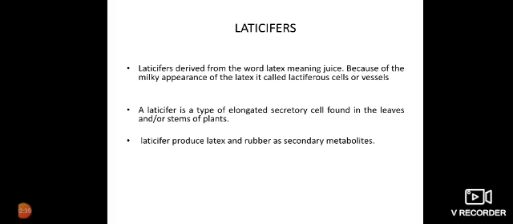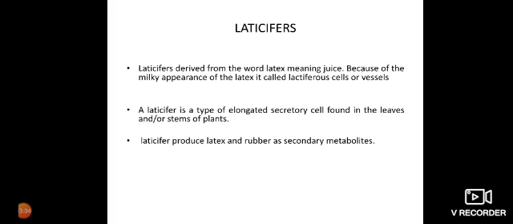The laticifer is a type of elongated secretory cell found in the leaves or stem parts. The laticifer produces latex and rubber as secondary metabolites. It can be defined as a specialized cell or row of such cells that secrete a milky fluid, which is termed latex.